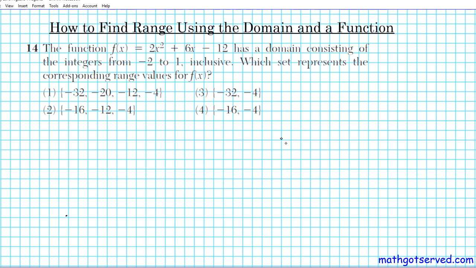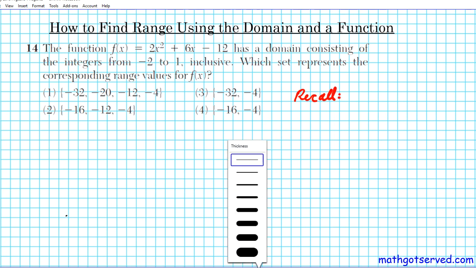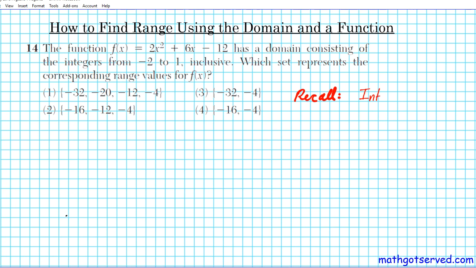Okay. Alright, so we remember what integers are, right? So integers are basically whole numbers, 0 and their opposites. So let's recall that. Let's note that down so we don't forget. Recall the following concerning integers.